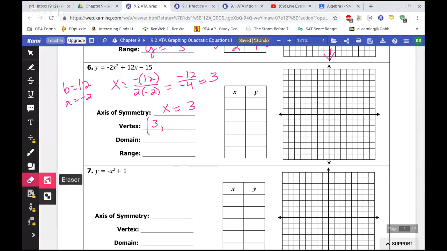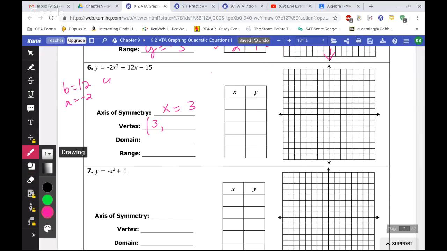And so we'll use that value, 3, to plug back into our original equation. -2 times 3 squared plus 12 times 3 minus 15.